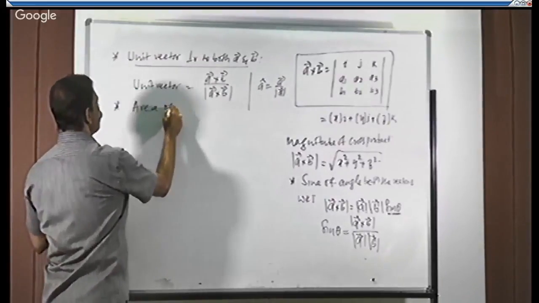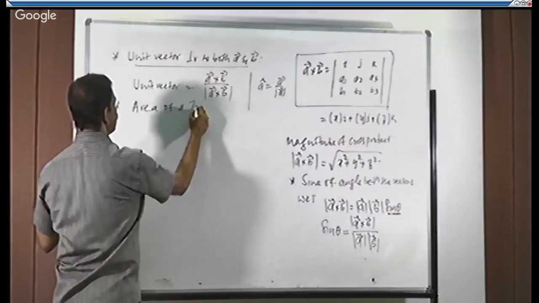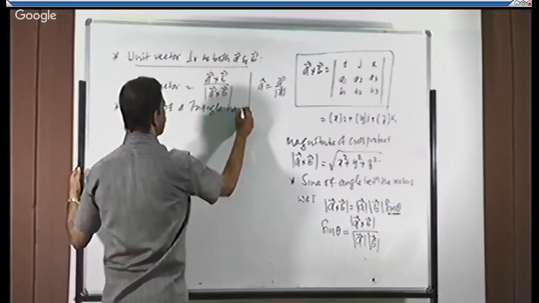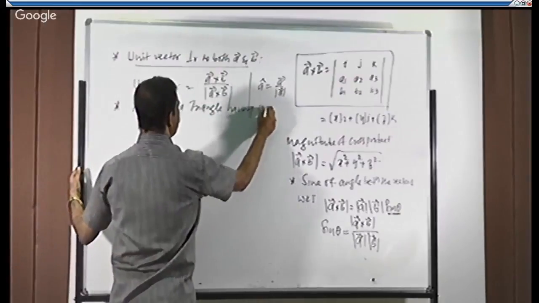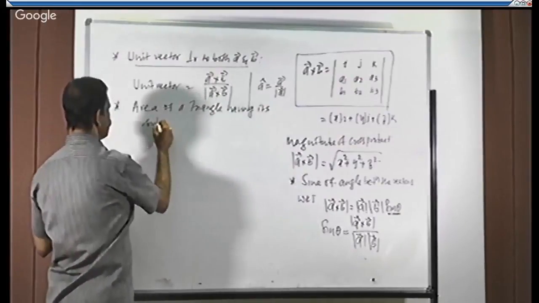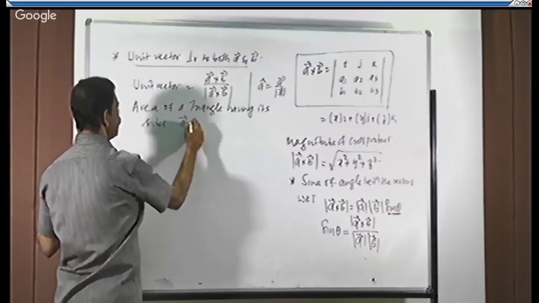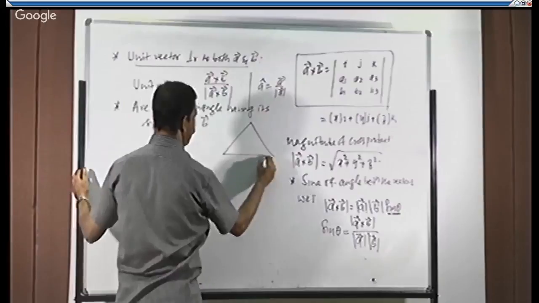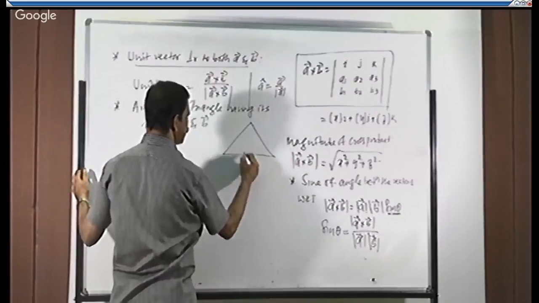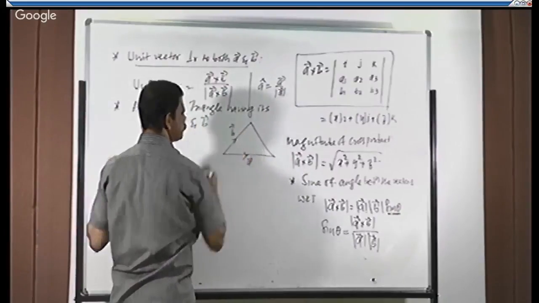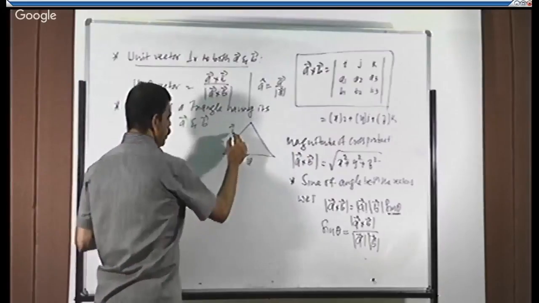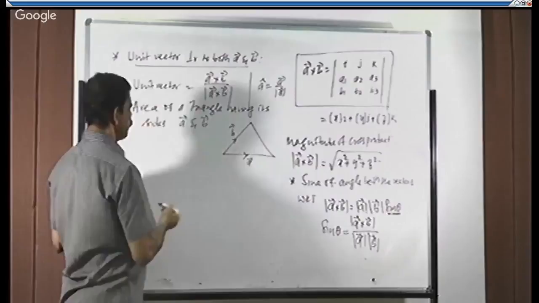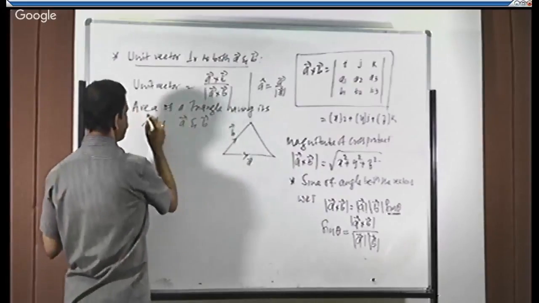Area of a triangle having its sides A and B. See, this is a triangle. This is vector A, this is vector B. If I know any two sides of a triangle, with this I can write the area of the triangle.